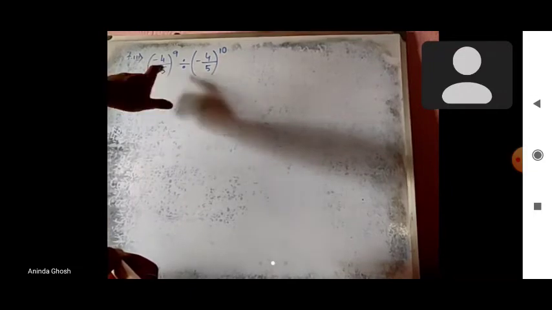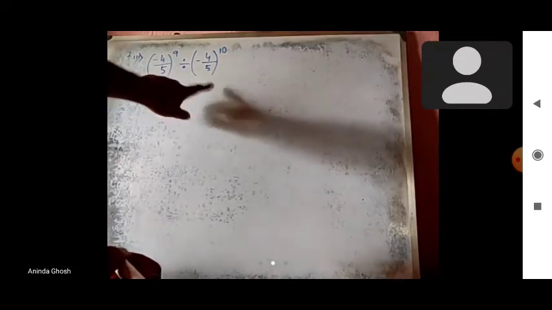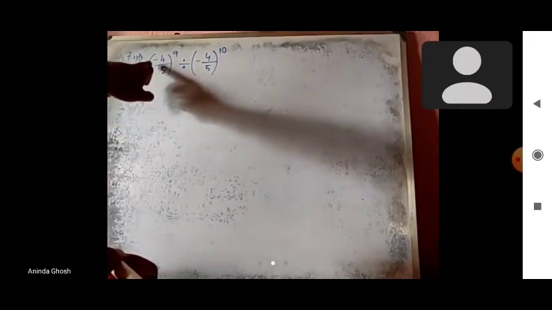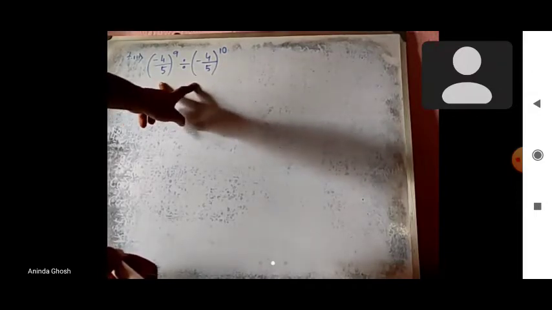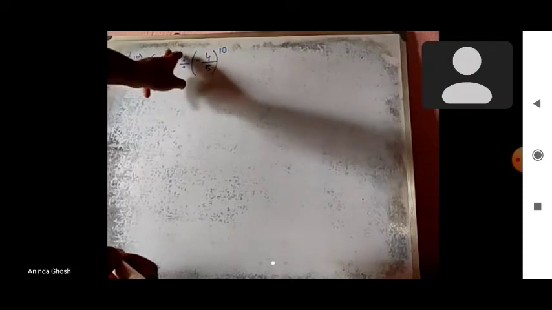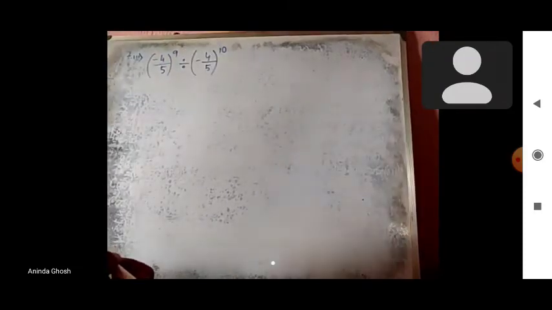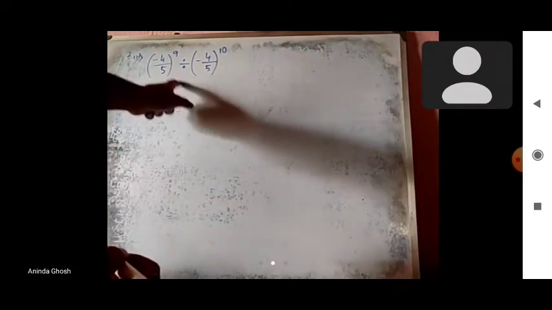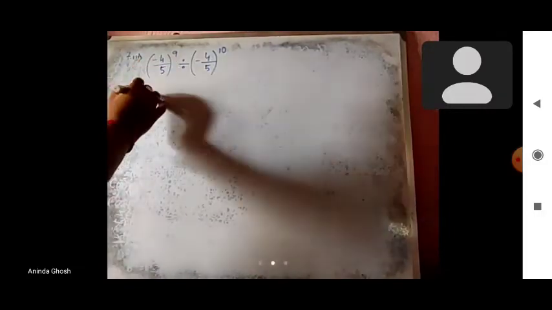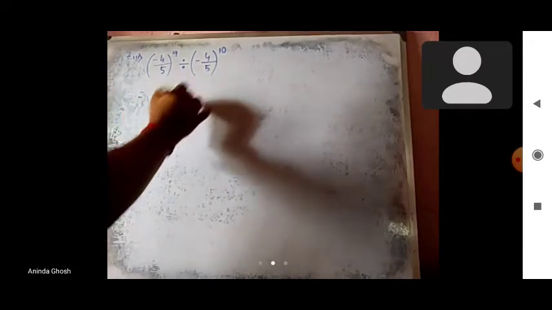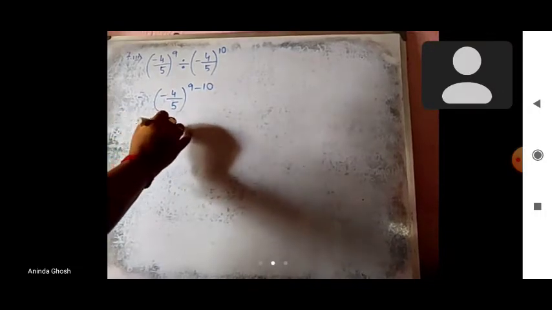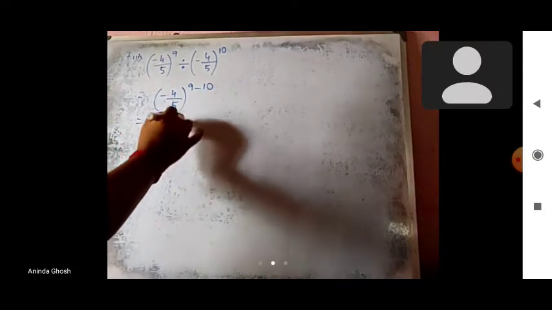So there is a rule that says that when bases are equal and the operation is division, we have to divide. When bases are equal, the powers are subtracted. Here both the bases are minus 4 upon 5, so divisor and dividend are equal, and we have to subtract the powers and write minus 4 upon 5 to the power 9 minus 10.